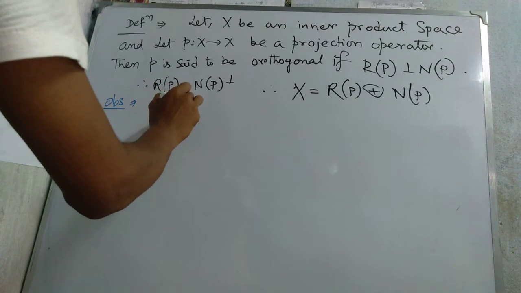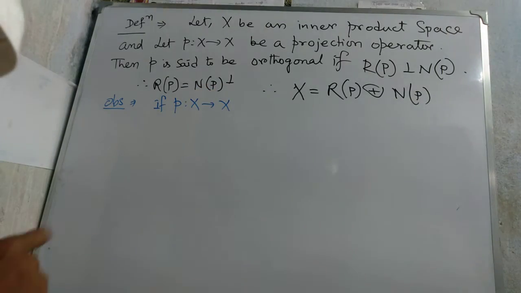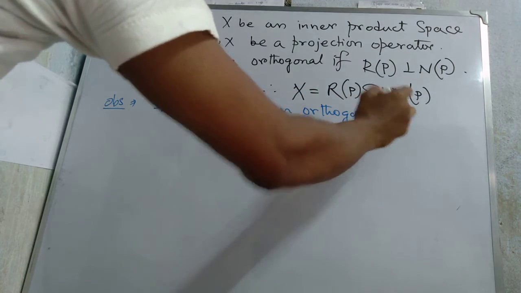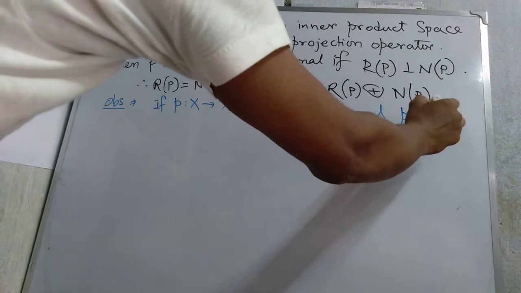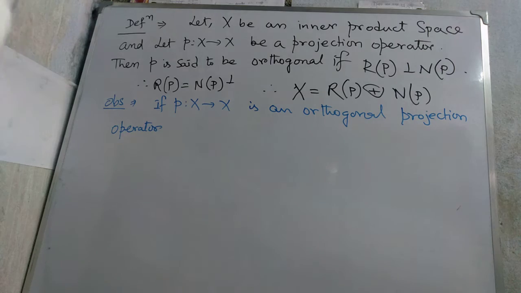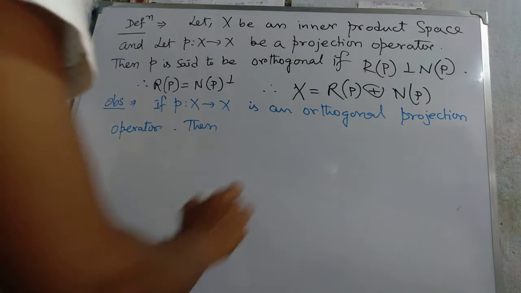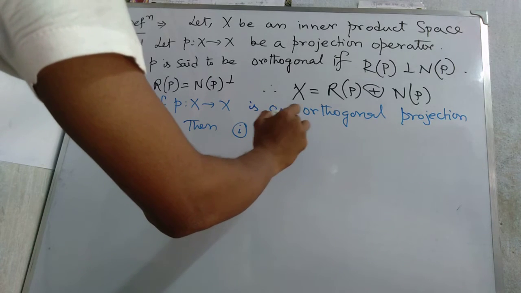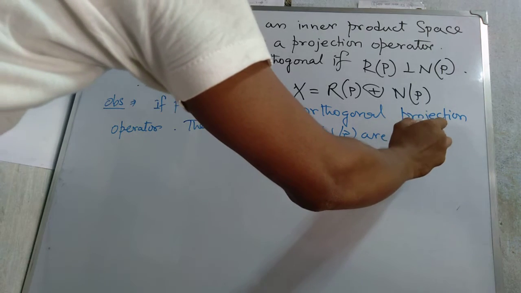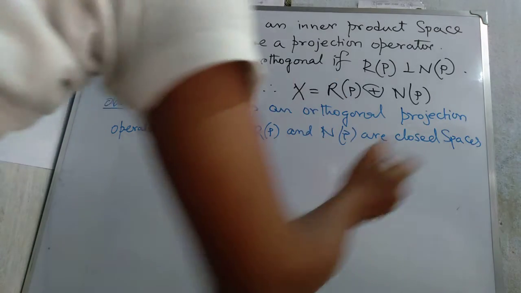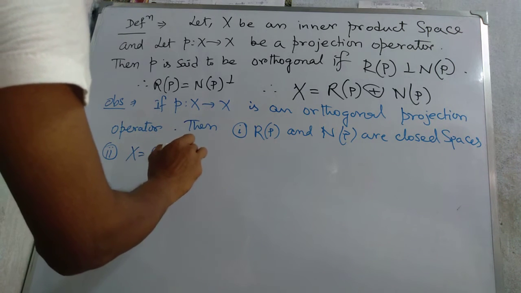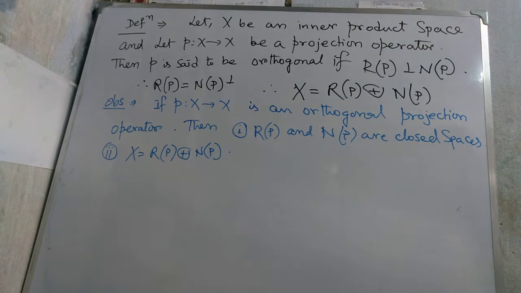If P: X to X is an orthogonal projection operator, then first R(P) and N(P) are closed spaces and number 2, X equal to R(P) direct sum N(P).